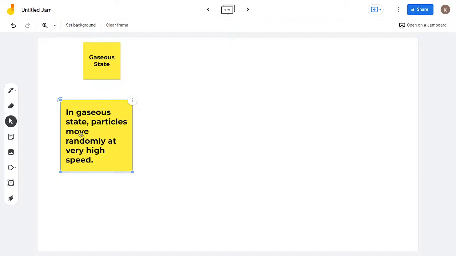The pressure exerted by a gas is because of this force exerted by gas particles per unit area on the wall of the container.